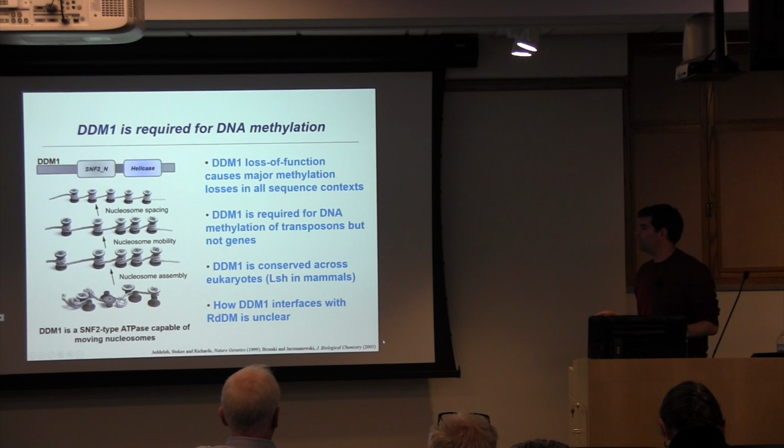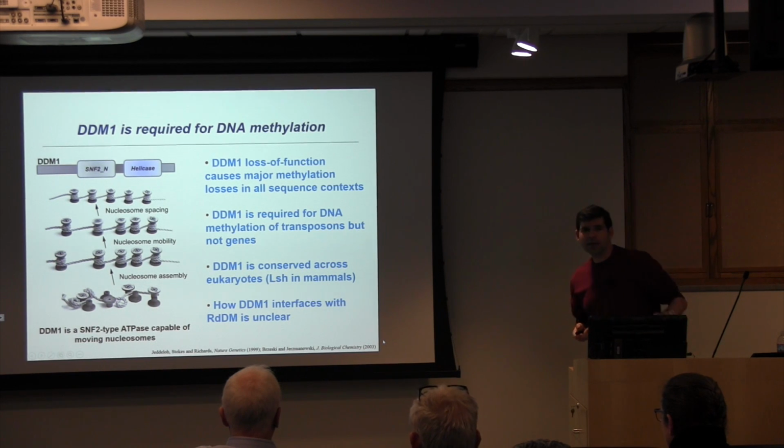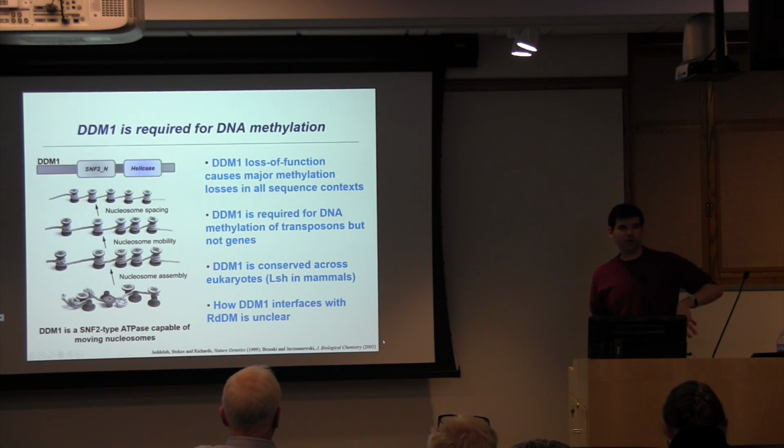These are proteins that can assemble nucleosomes, move nucleosomes, space out nucleosomes, disassemble nucleosomes, and take out a part of a nucleosome and put another part in. So they're kind of these work engines that work with chromatin.